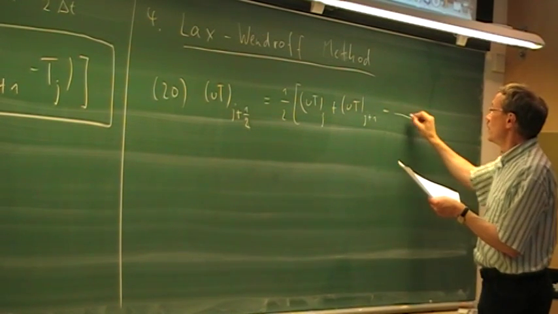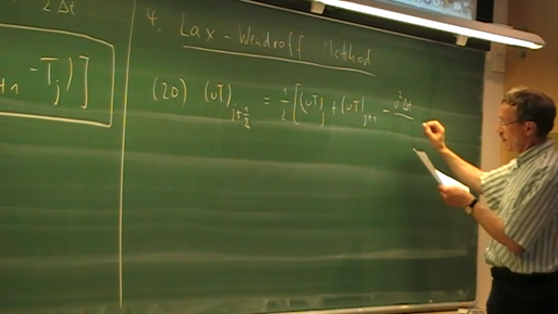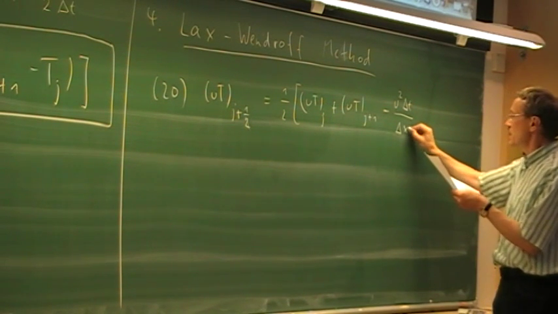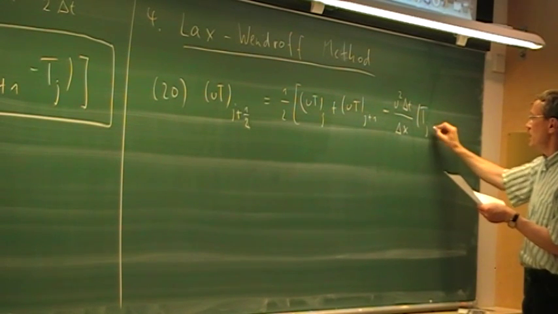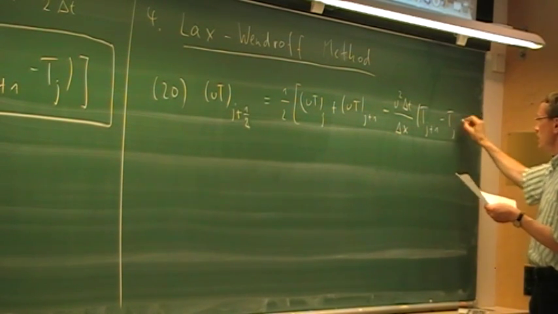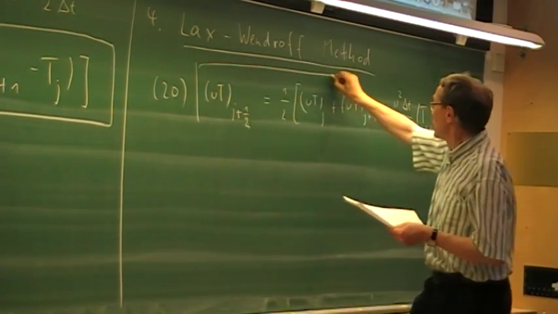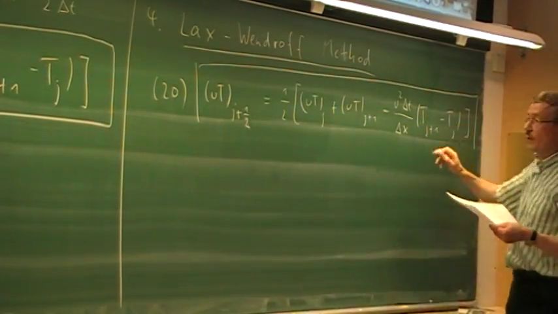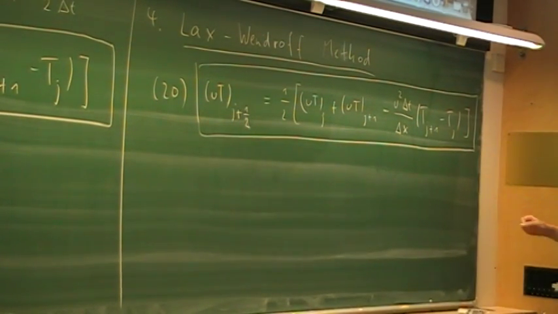We have u squared delta t divided by delta x times the difference, u_{j+1} minus u_j.